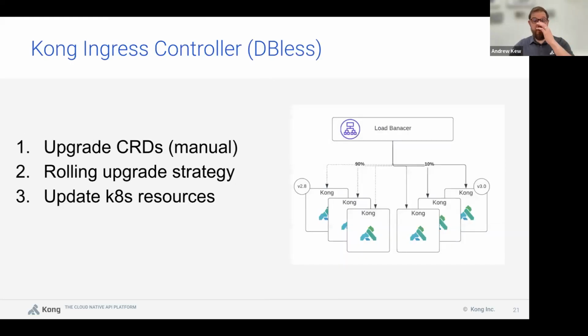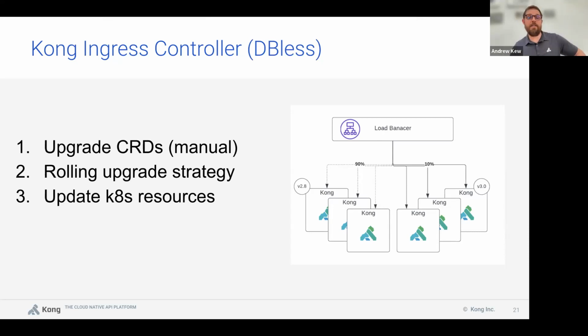The Kong Ingress controller, as mentioned before, is run in DBless mode. You'll use your rolling upgrade strategy, but there are a couple of additional manual tasks that you need to take into account. For those of you who work with Helm charts and know the limitations of them, you know that they don't manage your CRDs. It will install your CRDs on your first installation, but doing a Helm release upgrade won't upgrade any of the CRDs.